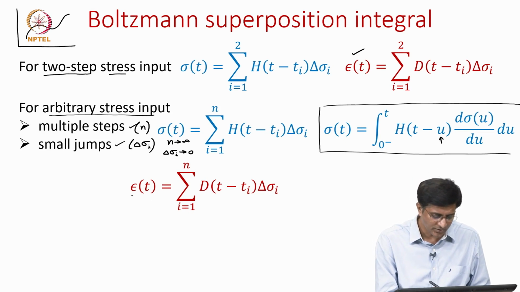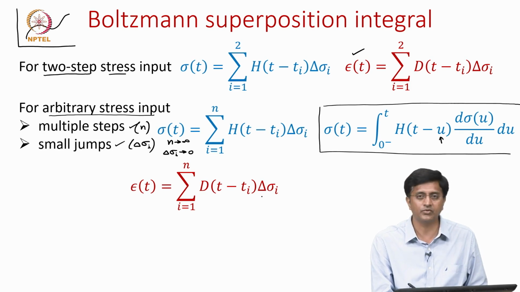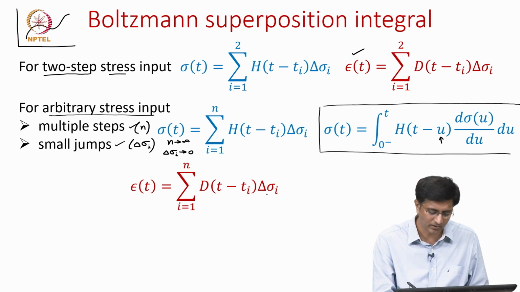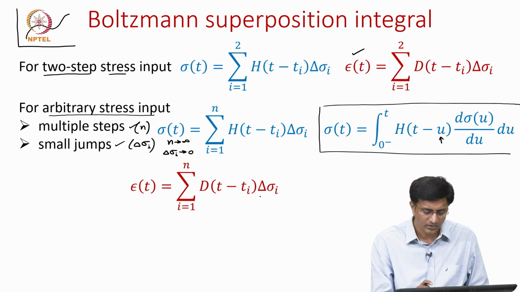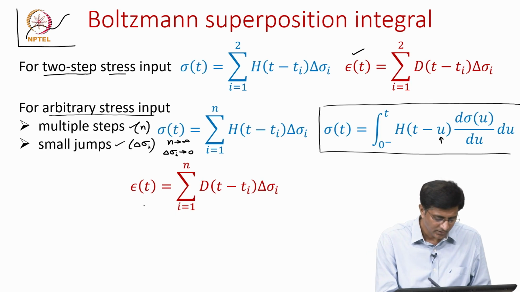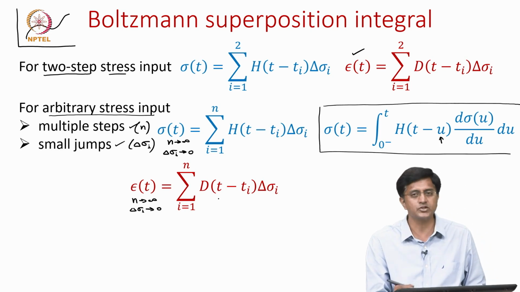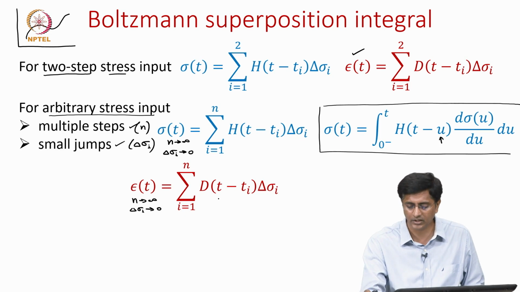We see that the strain is simply the strain from the first input plus the strain from the second input, all given in terms of the creep compliance D and these steps delta sigma_i. Similar to the input, if we now realize that n tends to infinity and delta sigma_i tends to 0, then this should also be written in the integral form.